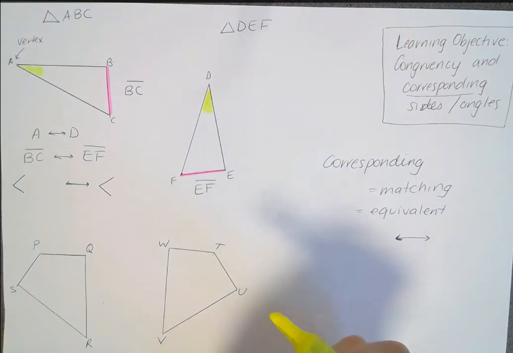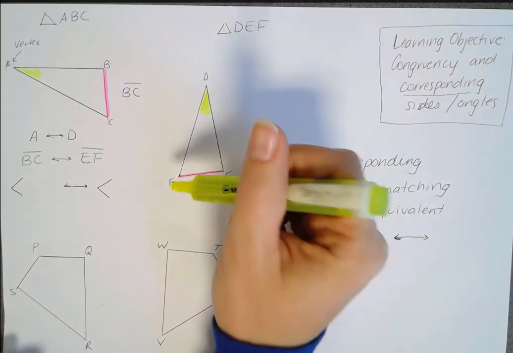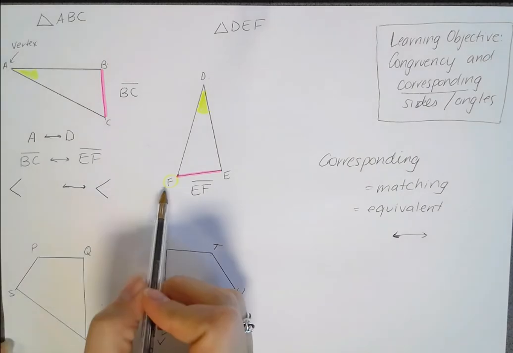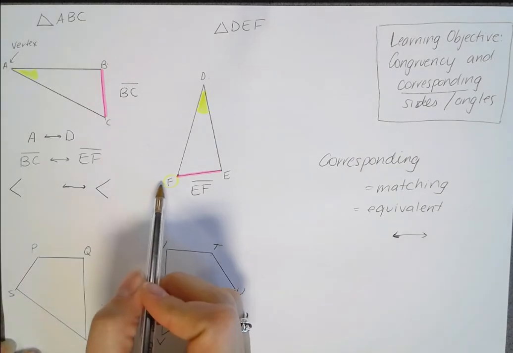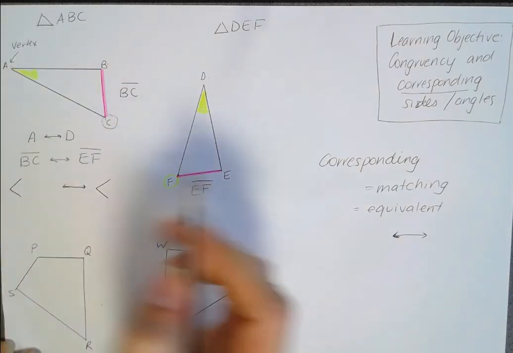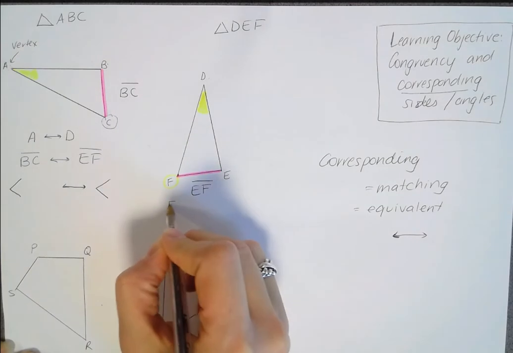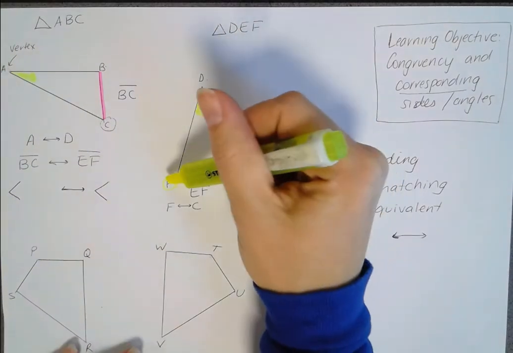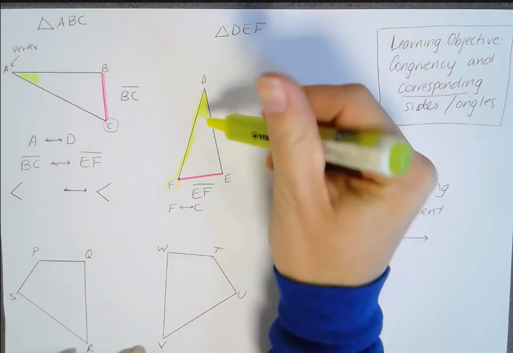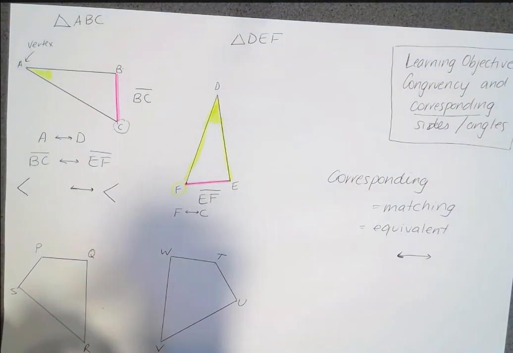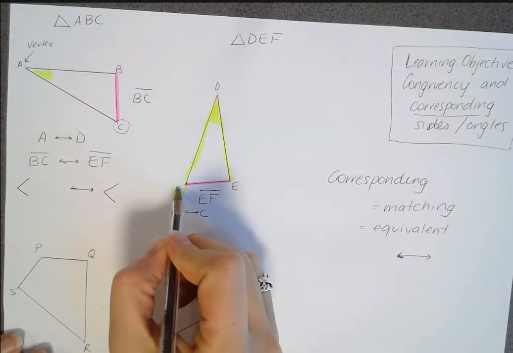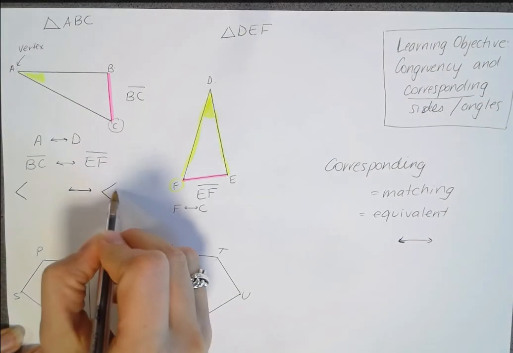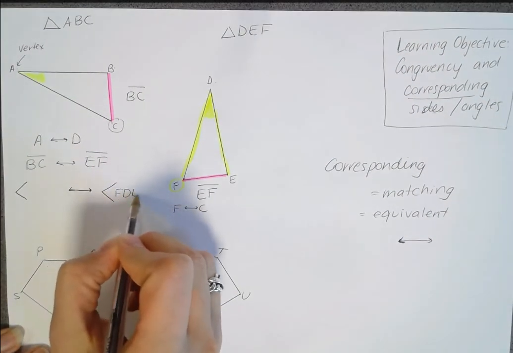Now we are going to go from our F vertex, and F corresponds over here to C. So we can actually write that one. F corresponds to C. And we are going to go from F up to our yellow angle and back down, which means we followed the path of F, D, E. So we're looking now at angle FDE.